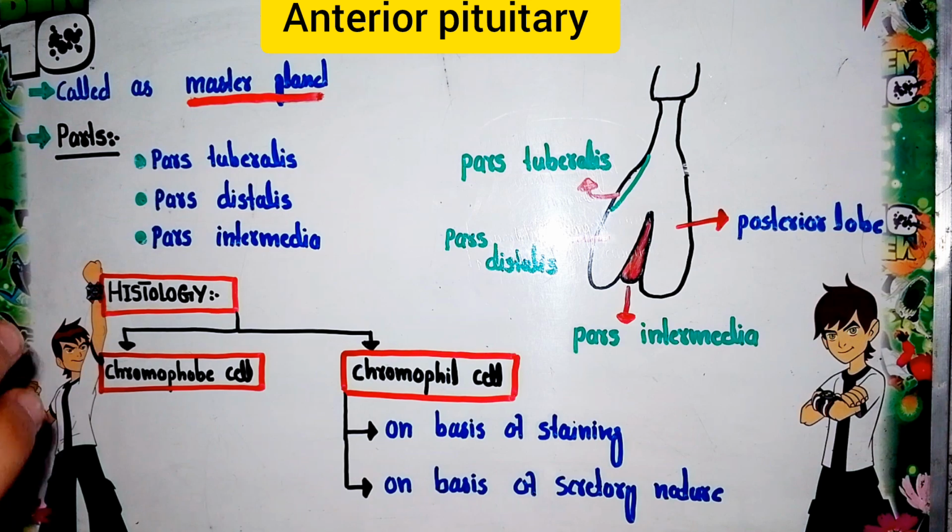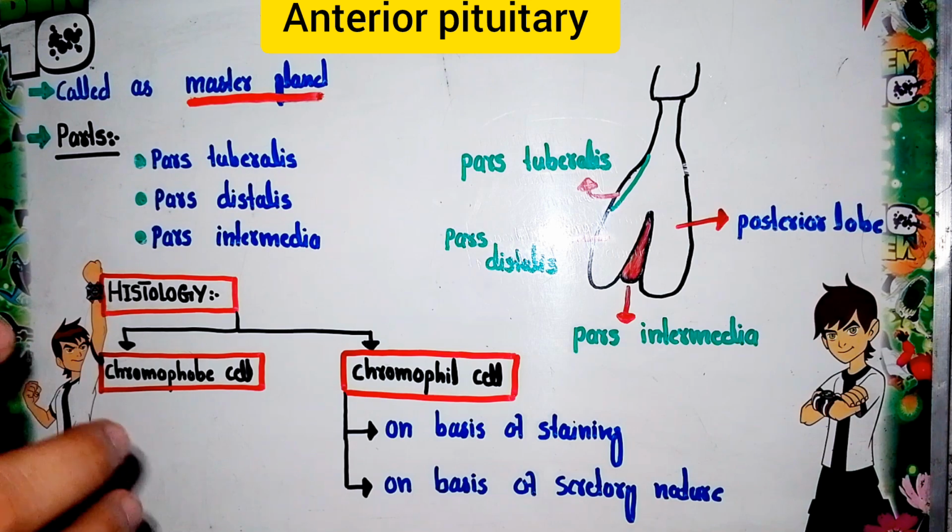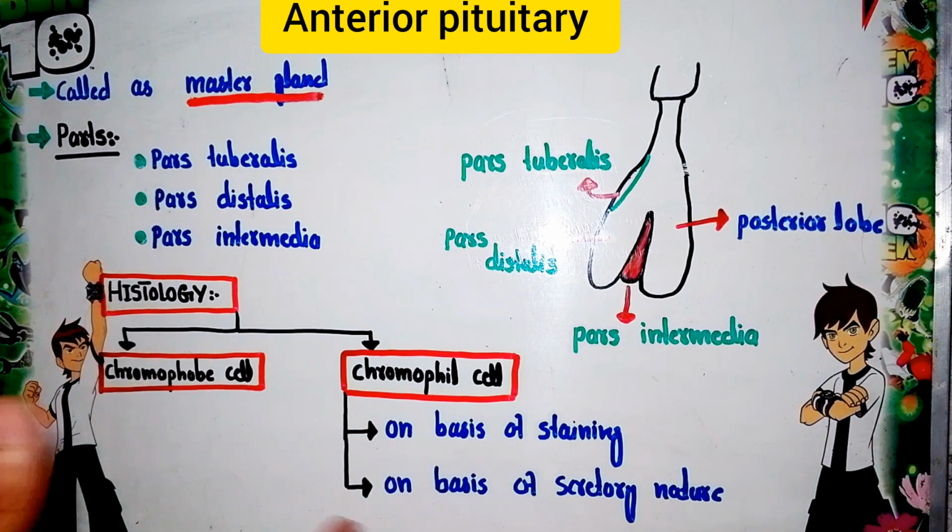Now let's come to the histology of the anterior pituitary. If we zoom into the anterior pituitary, we can see some types of cells found inside it, and these cells are classified into two types on the basis of their staining ability.